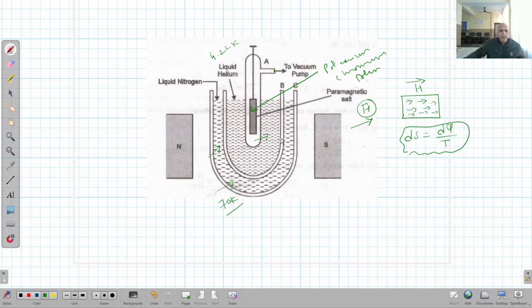Clear? And then from here it can transfer to here. Although this is thermally insulated, we know 100% thermal insulation is not possible. So it can even travel to here. Right? Now the entire heat that was produced here was transferred to here and then to here.